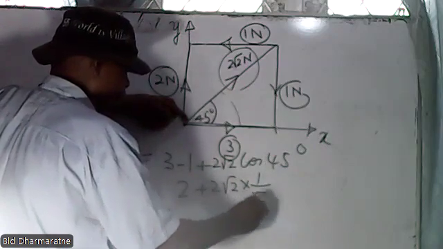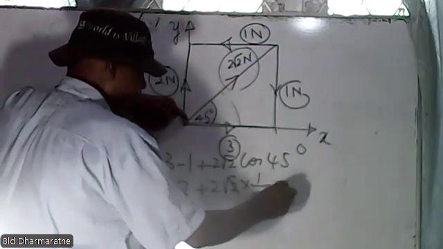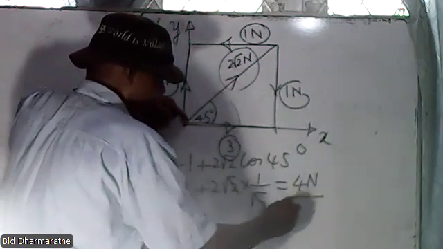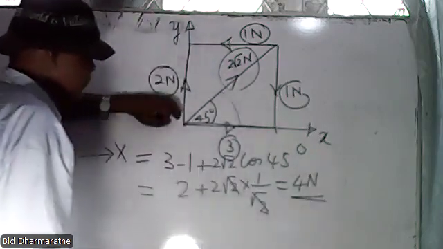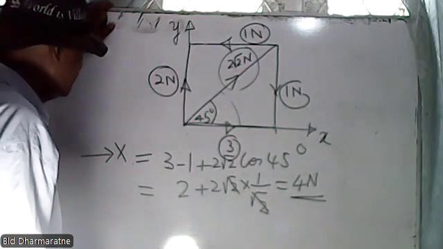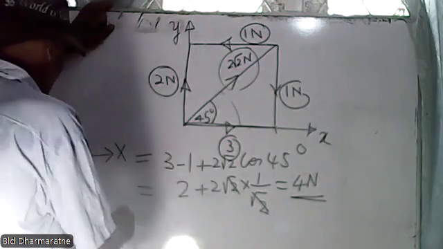Now root 2 cancels, 2 plus 2 is 4. 4 Newton. You have to put the unit Newton also.